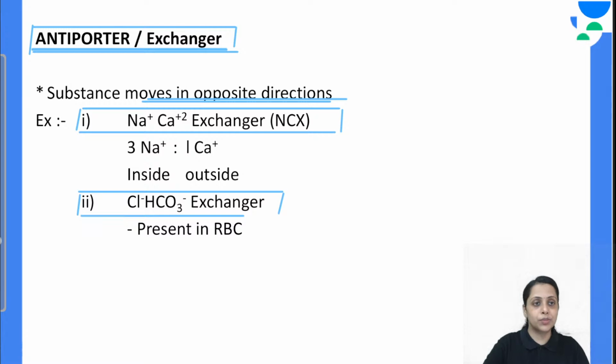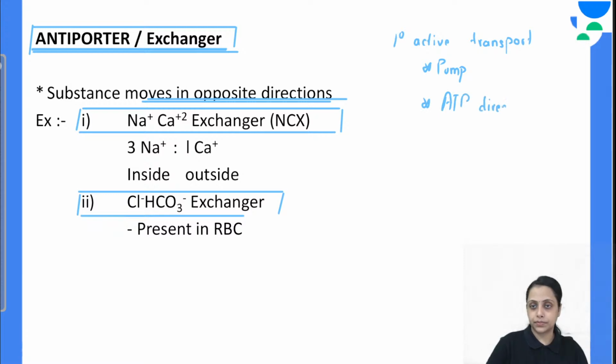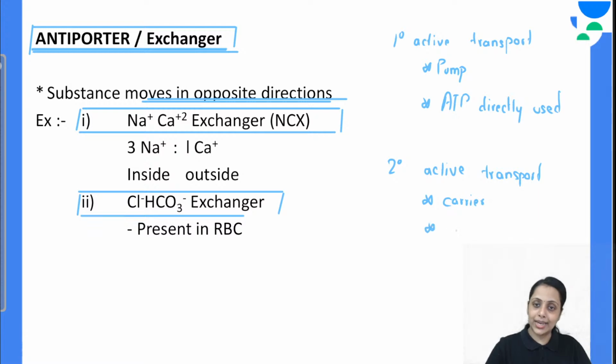So what is the difference between the primary active transport and the secondary active transport? Let me take you to this one. Primary active transport requires the pump and it uses the ATP directly, while the secondary active transport requires the channel's carrier molecule and ATP is used indirectly.